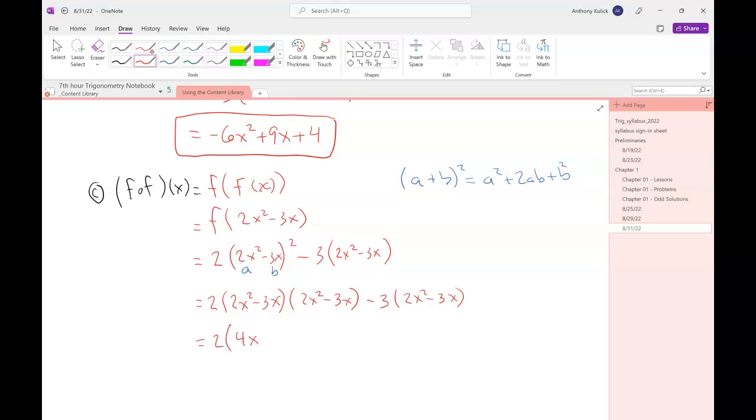So that would be 4x to the fourth, minus 2x squared times 3x, and then times 2, so 12x to the third. And then b squared is negative 3x times negative 3x. And that saves me a little bit.